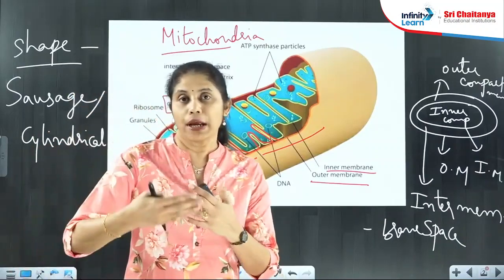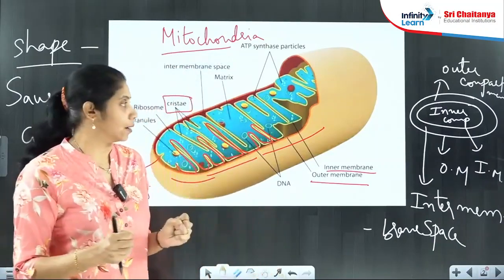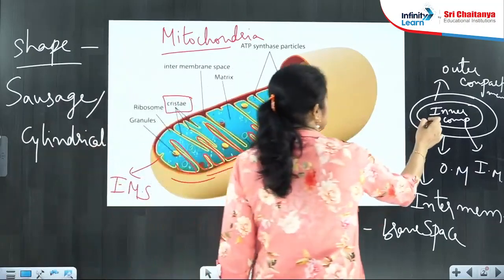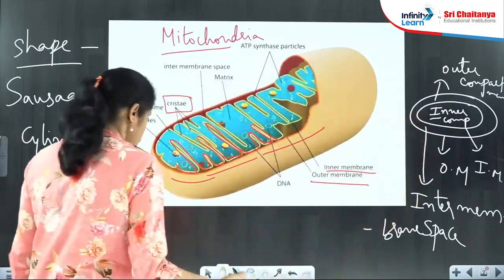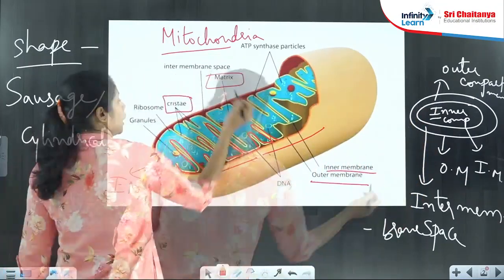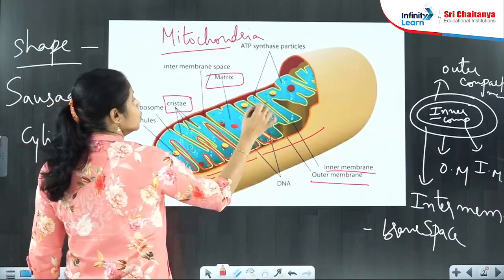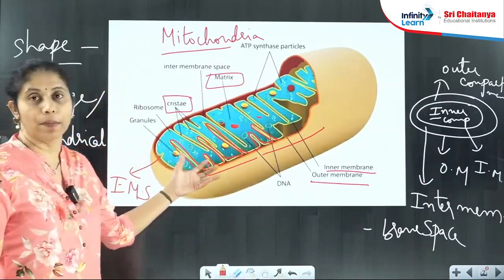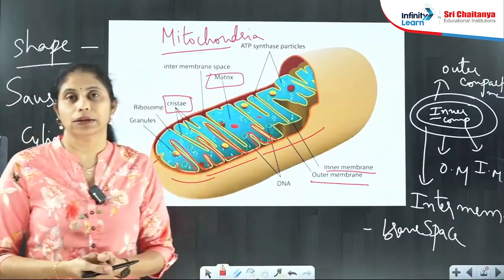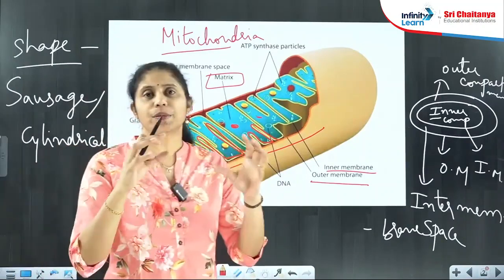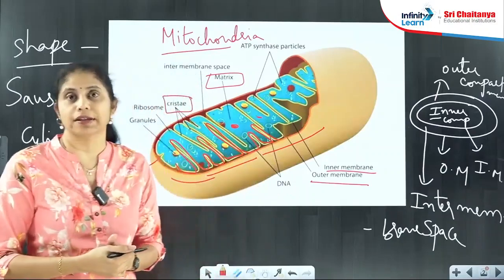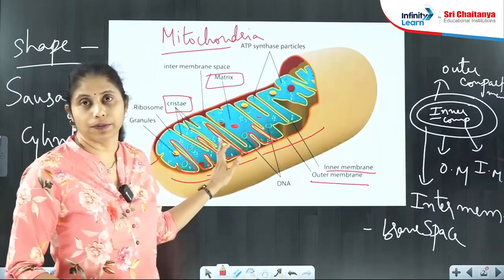So the inner membrane inside, whatever the compartment is there, that is filled with different materials and it is called as matrix. Inside this blue color one, inside the inner membrane, it is called as matrix. It is filled with all the respiratory enzymes. Different kinds of respiratory enzymes will be there in this matrix.